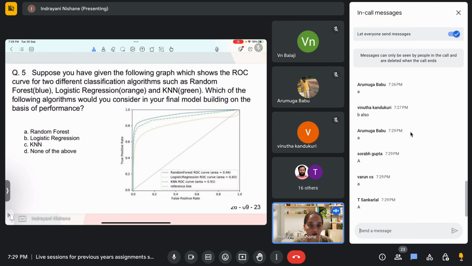And even without explaining, I'm getting all the correct answers in the chat box, so you all remember. Okay, so whenever there is an ROC curve, we'll consider the area under the curve, and the algorithm which has the maximum area under the curve will be chosen. That will be considered as our final model.